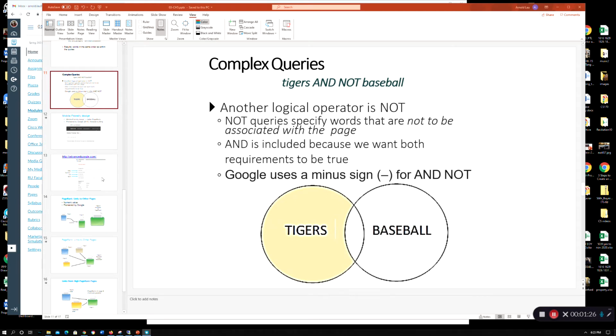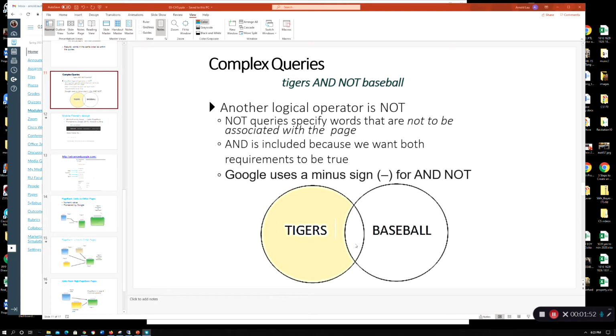It's probably easier to use the advanced Google search, which I'll scroll to in a second. To say that you want the tigers but not the baseball tigers, this is what the picture looks like. Here's the whole universe of tigers, here's the whole universe of baseball, and there's an intersection there. These would be the baseball team, the Tigers, which would be this little intersection here.